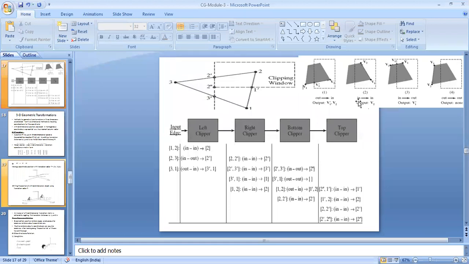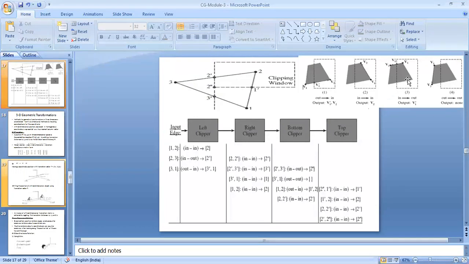When my edge is moving from inside to inside, that is from V1 to V2, you should consider only the second point. First point you should not consider. From out to in, you need to consider the intersection point and the second point. If it is in to in, then you should consider only the second point.